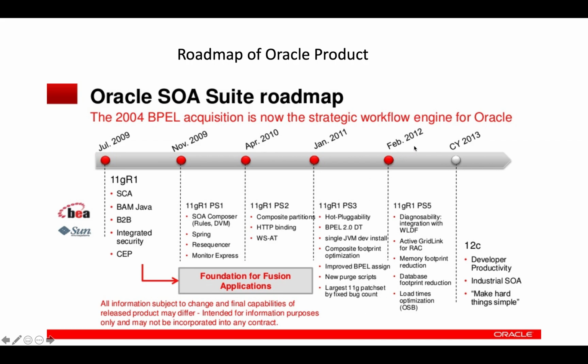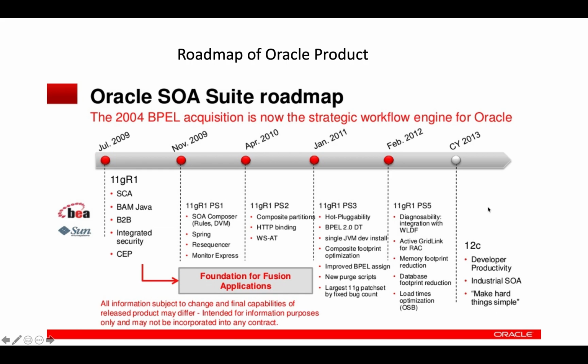In February 2012, they also started to use GridLink, heap memory footprint reduction, database footprint reduction, and load times optimization. After that, they started the new product version, 12c: developer productivity, industrial SOA, making hard things simple.